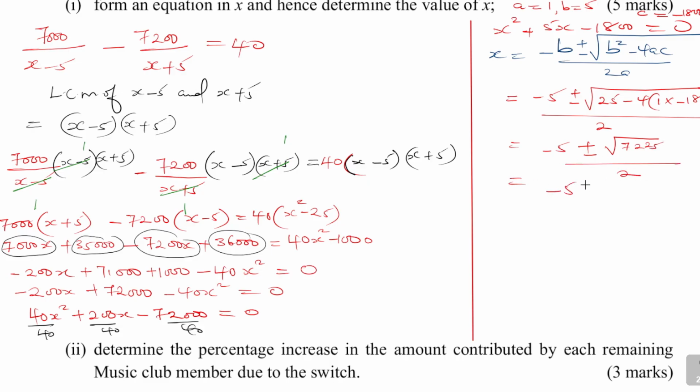So this gives negative 5 plus or minus the root of 7225, which is 85, and then you divide this by 2.